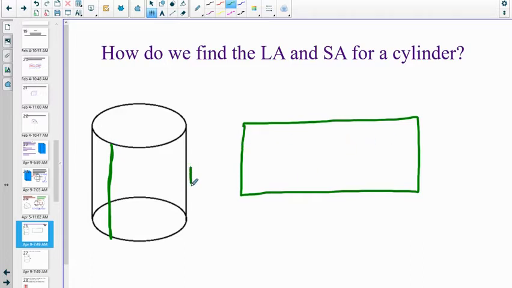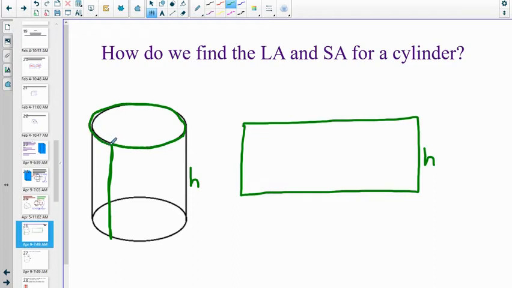Now the height of the cylinder will be the same as the height of that rectangle. And then the tricky part is, what is this distance, the distance across this lateral face? Well, that is coming from this distance all the way around your circular base. And we've got a name for that.